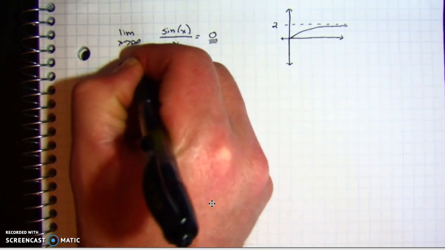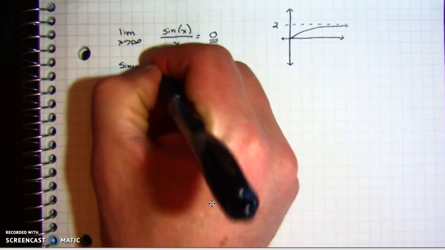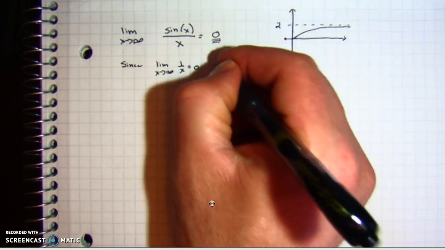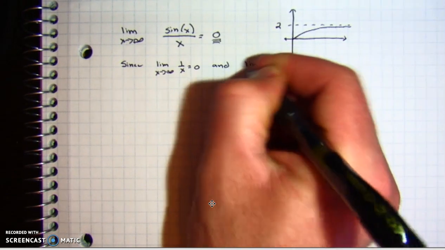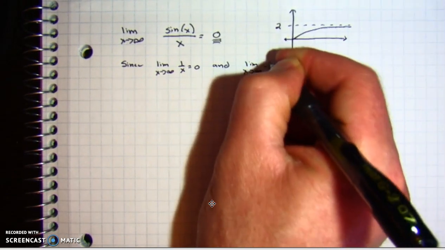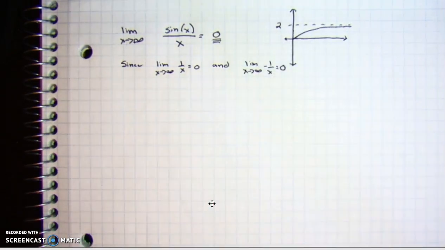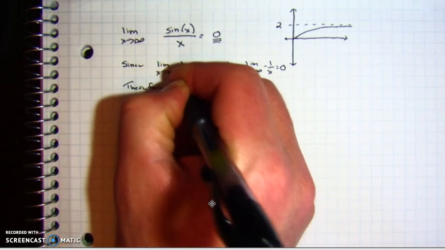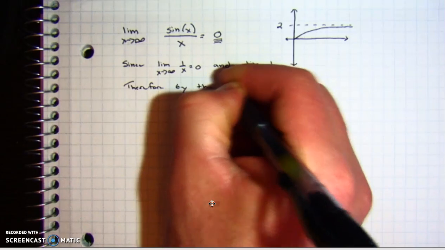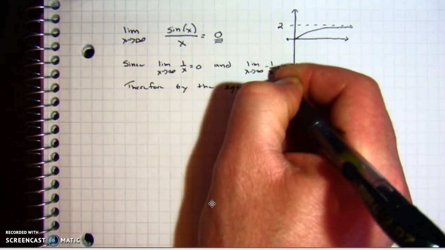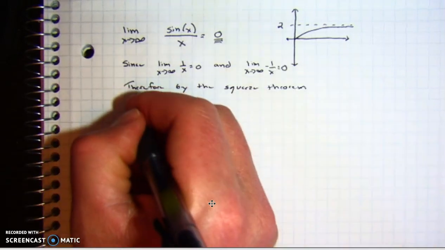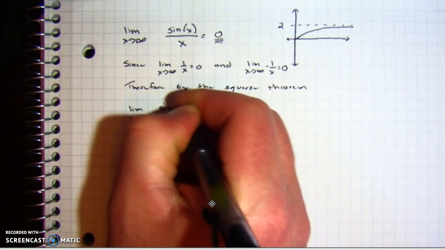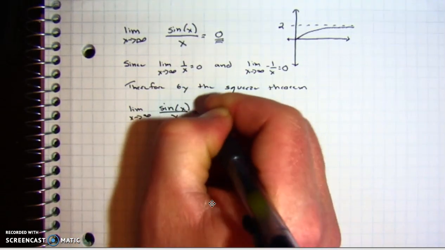Well, since the limit as x approaches infinity of 1 over x equals 0, and the limit as x approaches infinity of negative 1 over x equals 0, therefore, by the squeeze theorem, the limit as x approaches infinity of sine x over x equals 0.